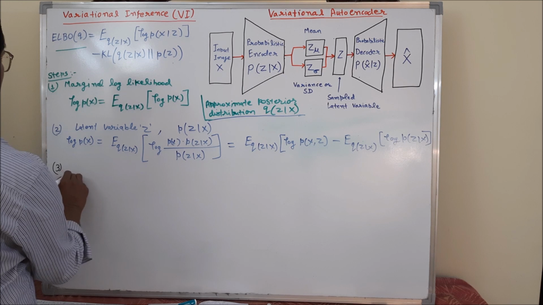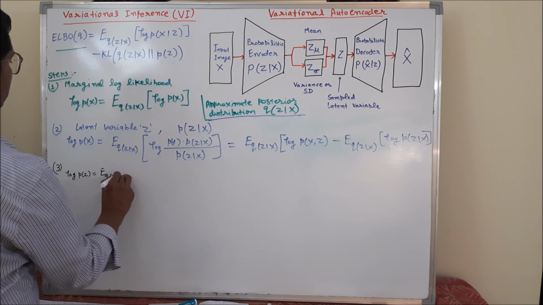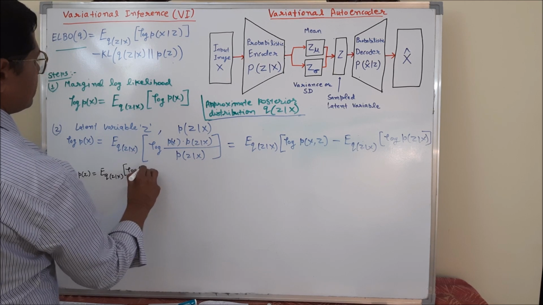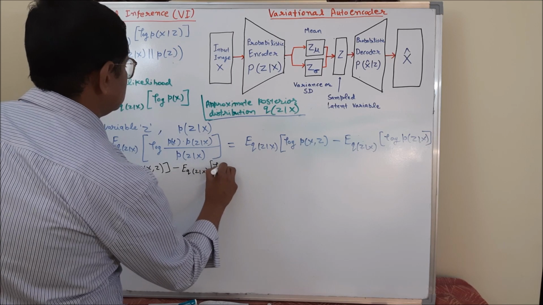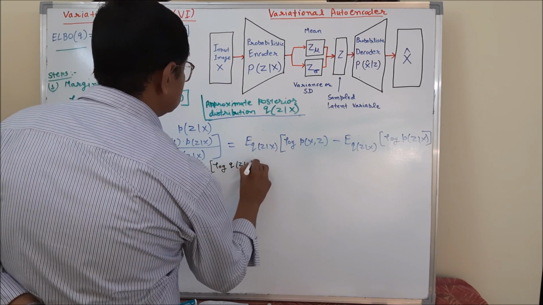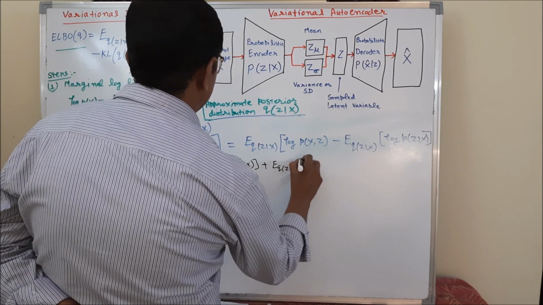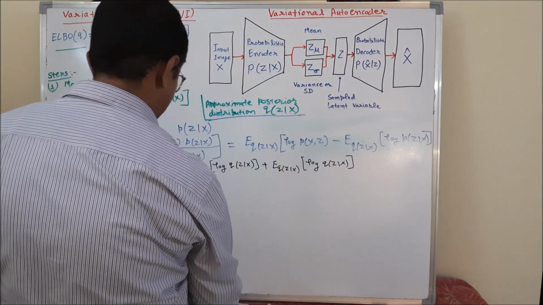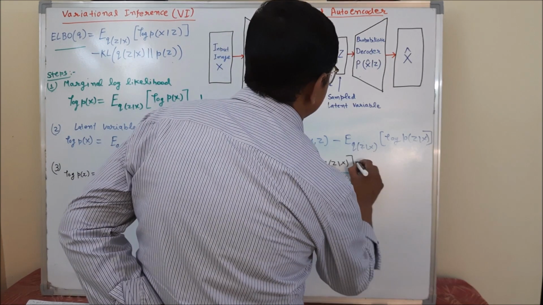So it will be equal to the expectation under Q of log P(X, Z) minus log Q, plus, since we add and subtract, the expectation under Q of log Q minus log of the posterior.